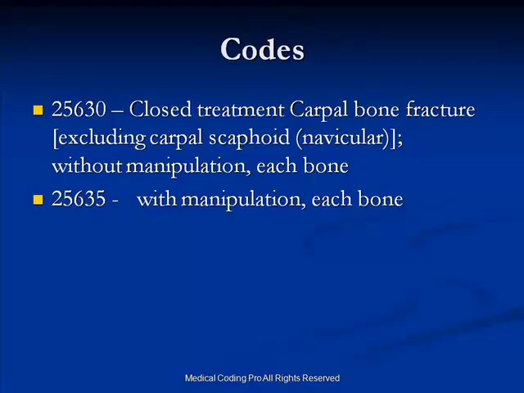Triquetrum fractures are usually non-displaced and respond well to casting or splinting for 6 weeks. Capitate fractures are generally treated by conservative casting, immobilizing the wrist and thumb. Hamate fractures are accompanied by fractures at the base of the ulnar metacarpal and become asymptomatic after 4 to 6 weeks of immobilization.